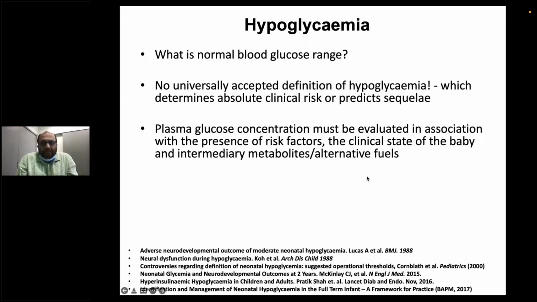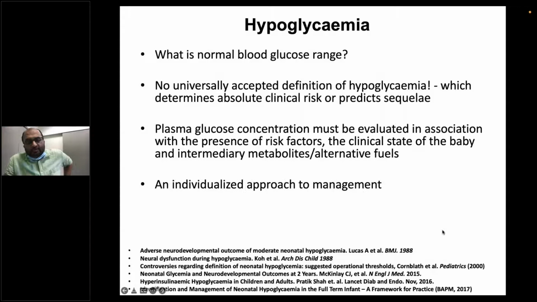What we have to remember is that at the moment there is no universally accepted definition of hypoglycemia which will determine absolute clinical risk or predict sequelae. So the plasma blood glucose concentration must be evaluated in association with the presence of risk factors, the clinical state of the baby or child, and the intermediary metabolites and alternative fuels.